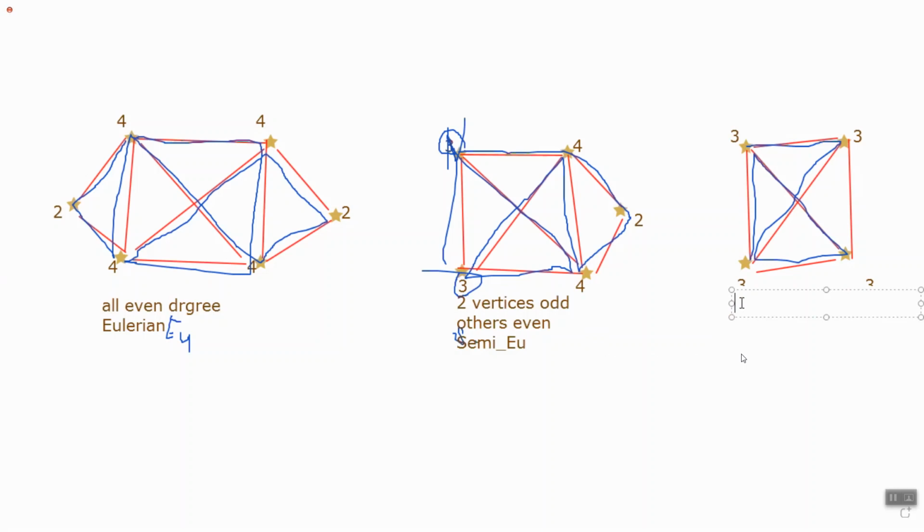Here, more than 2 vertices are odd. Therefore, it is non-Eulerian, or not Eulerian. So these are the three cases.